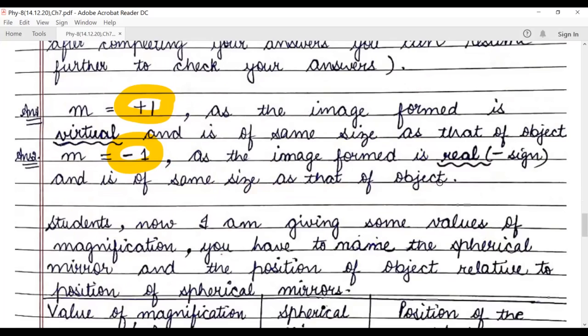But what kind of image was formed? Very good. It was a real image, as we have done in case 2 of the concave mirror last week also. Hence, the size of the image is the same as that of the object. So magnification is -1 in this case.